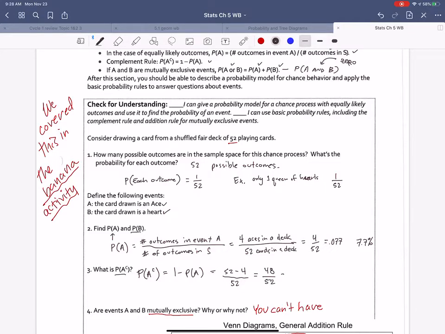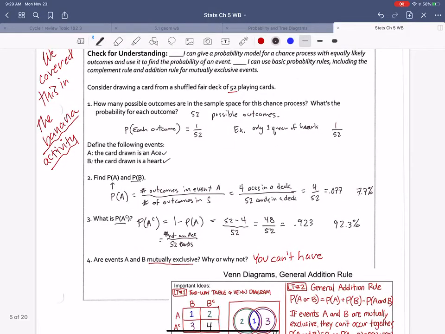So this would be the probability of not an ace: 48 are not an ace, out of 52 total cards in a deck. This makes sense, and we can list this as a decimal, and we can list this as a percent if we so choose.